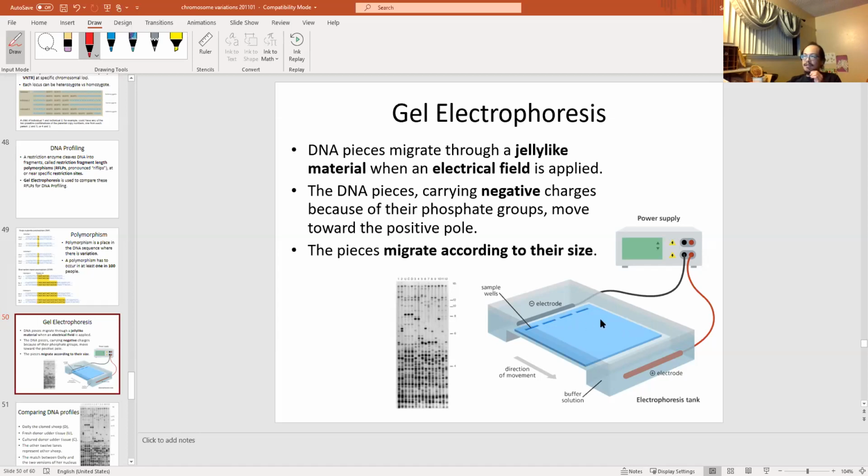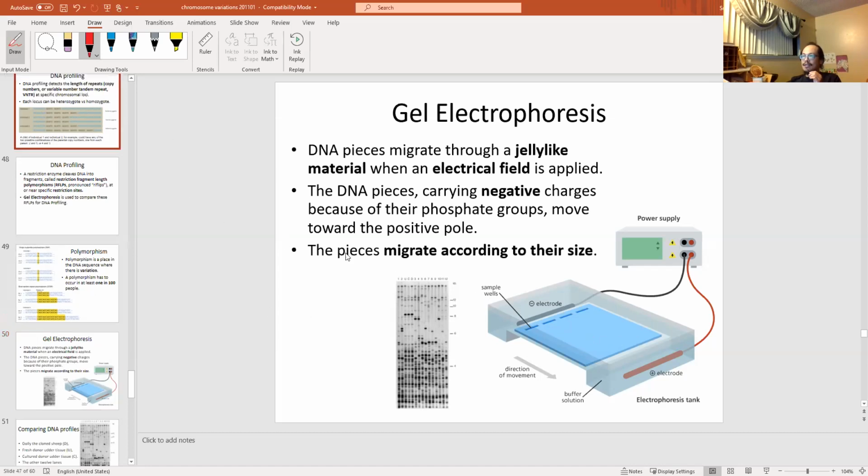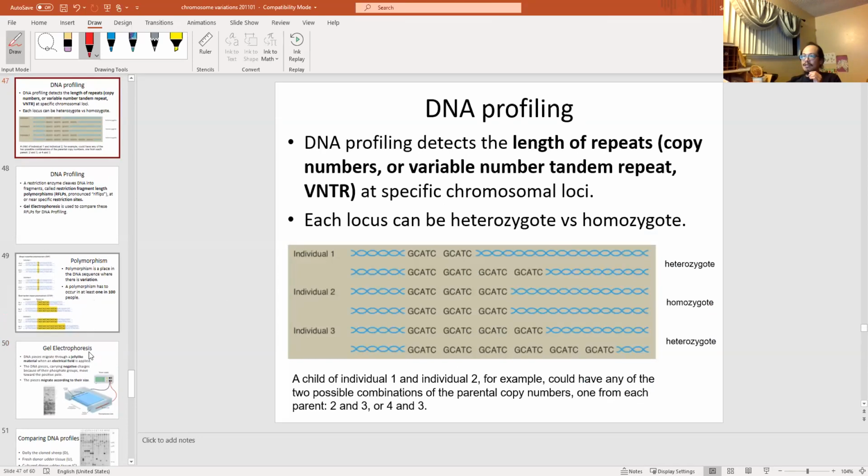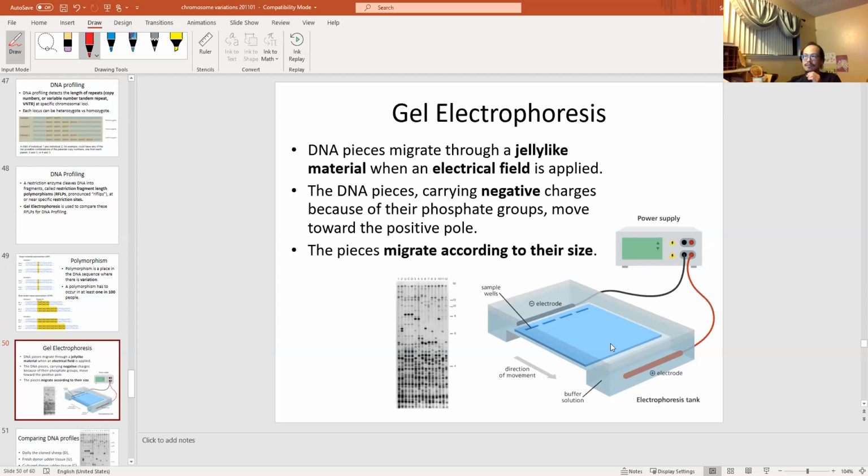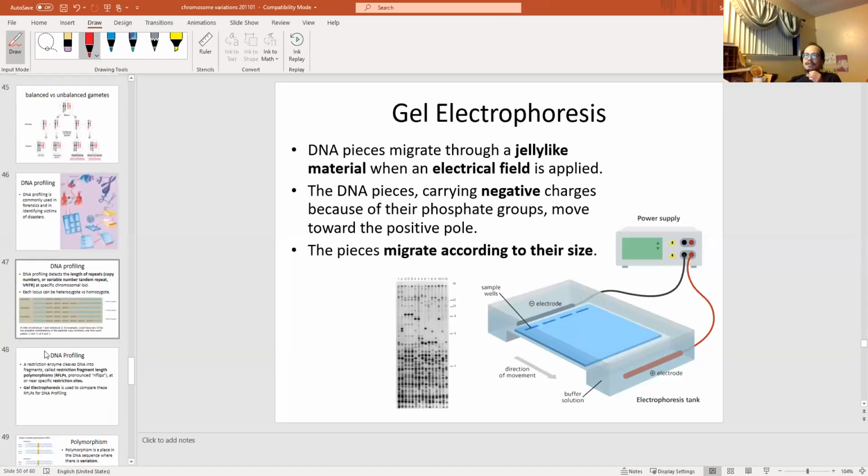So we can see their profile. Some will go further, some will go slow, and then we can see if they are the same weight. If they are the same weight, they will go to the same location. So that's that.